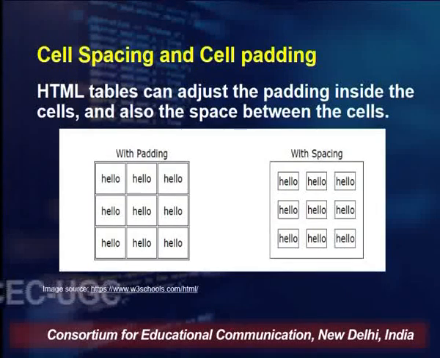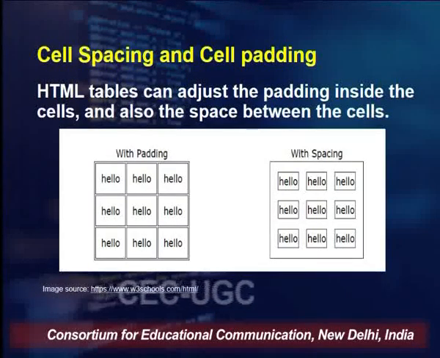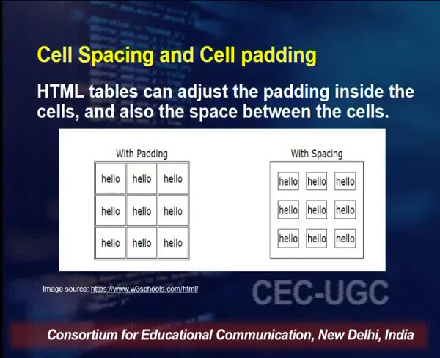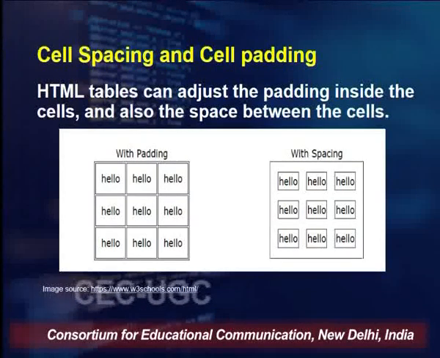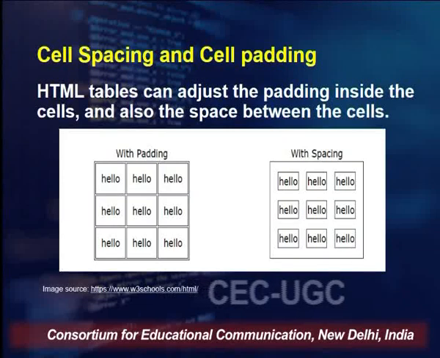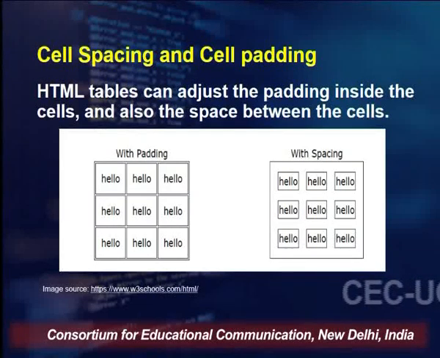And if you can see on the spacing side, there is no padding in between the cells, I can say. That means the content hello which is written is just touching the borders of the cell. That means this is without padding.